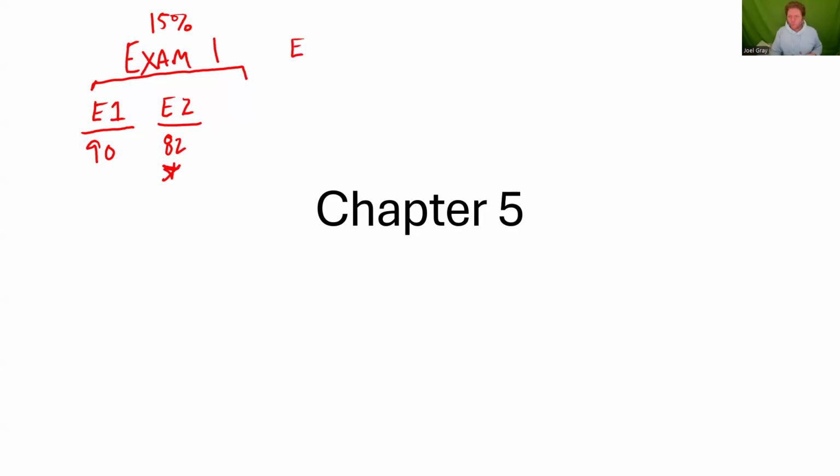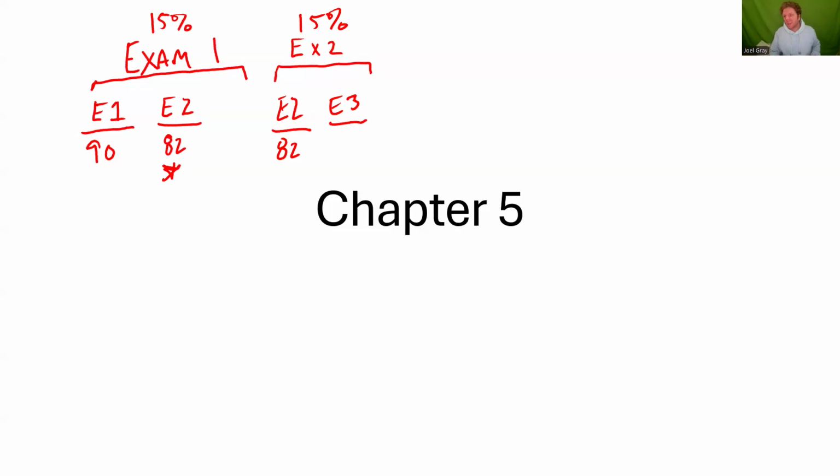That's where the idea that exams are cumulative comes into play. So then exam two, we'll say that's going to be a category that has E2 and E3. The 82 that you got on exam number two is being used as a part of this 15% of your exam two grade.